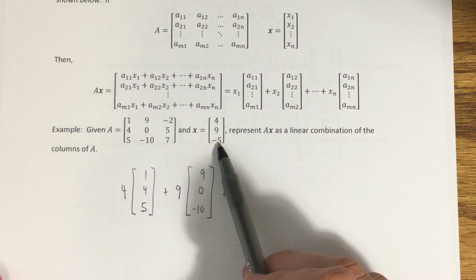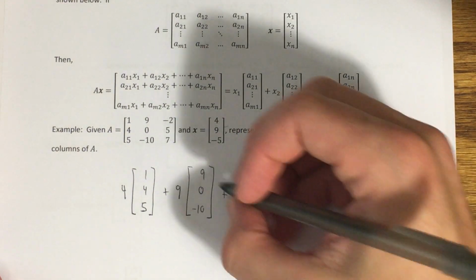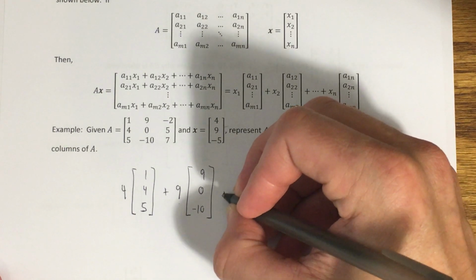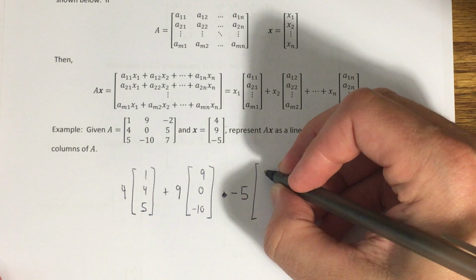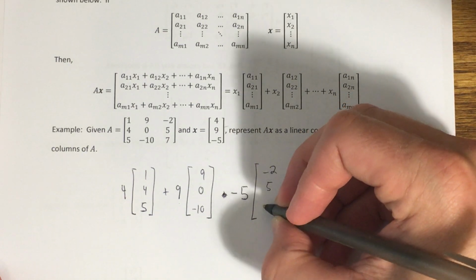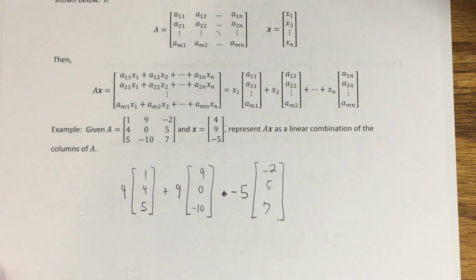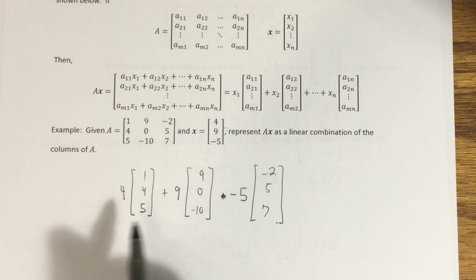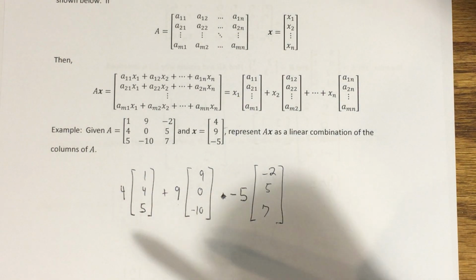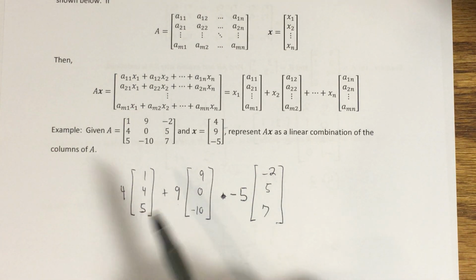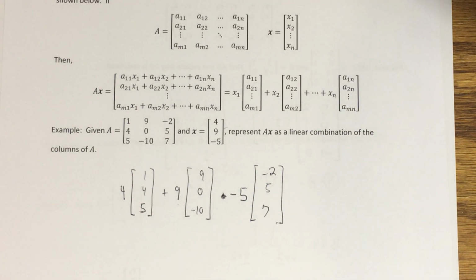Plus my third entry in x, negative 5. Actually, instead of writing plus negative 5, let me just say minus 5, same thing, times the third column of A: negative 2, 5, 7. Okay, I'm not even going to do the scalar multiplication and the addition because it's not asking me for that. It just wants a representation as a linear combination.